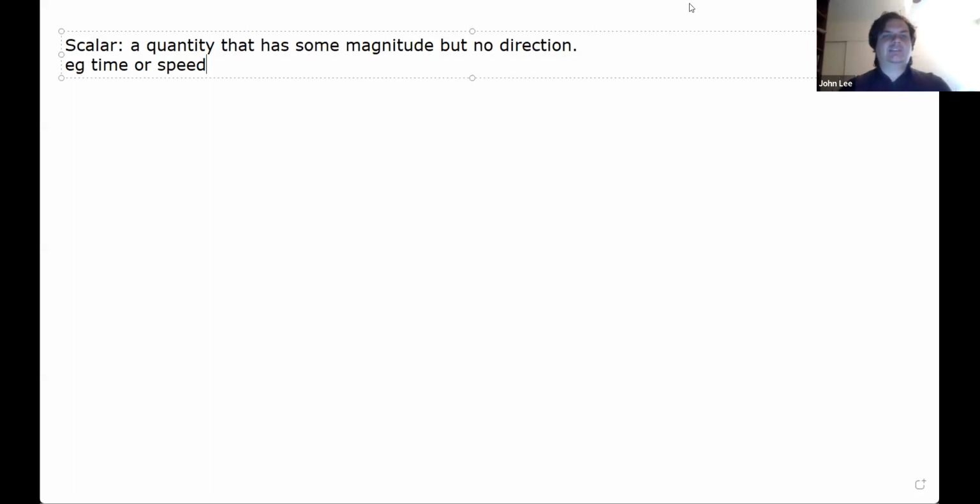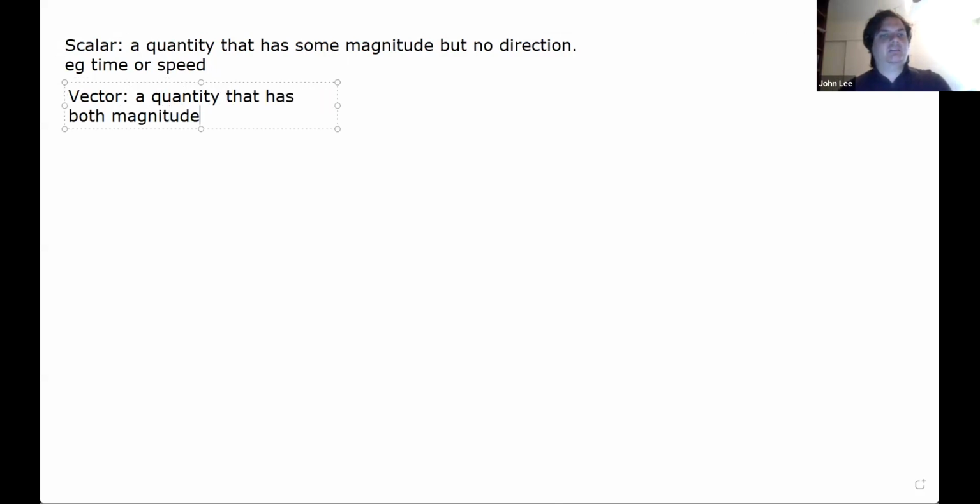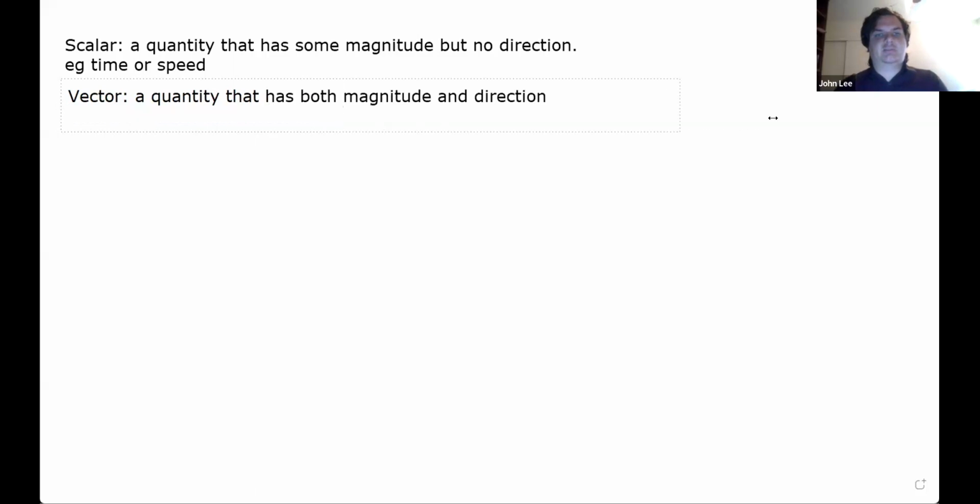So in order to do that, you need to have a vector, which is a quantity that has both magnitude and direction. So we have speed that I was talking about, and that is a scalar. This is being a little difficult right now.